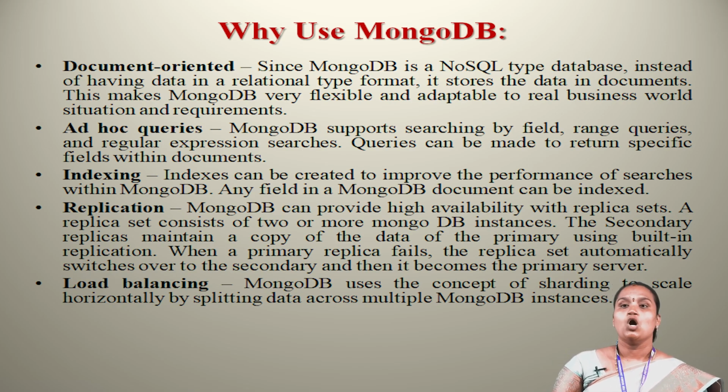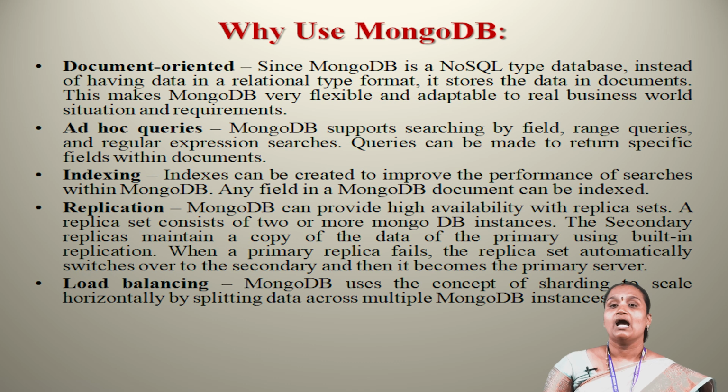Replication. MongoDB can provide high availability with replica sets. A replica set consists of 2 or more MongoDB instances. Each replica set member may act in the role of primary or secondary replica at any time.